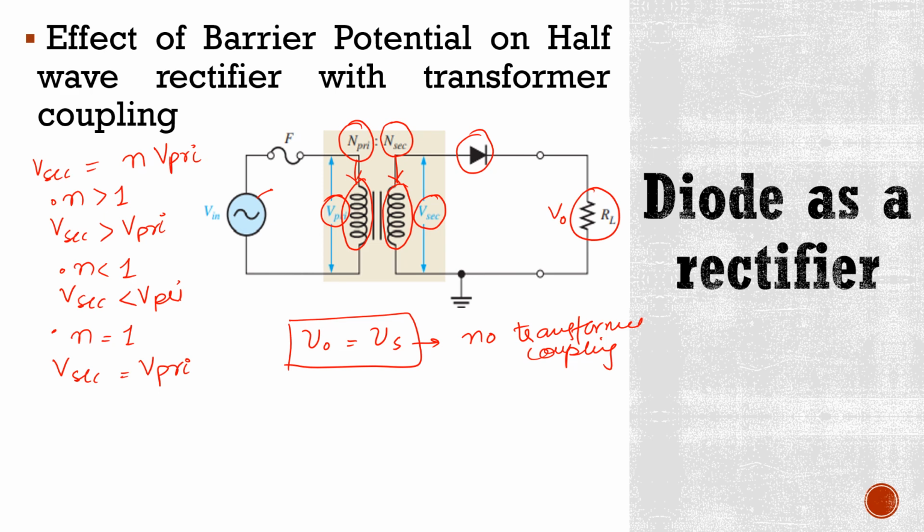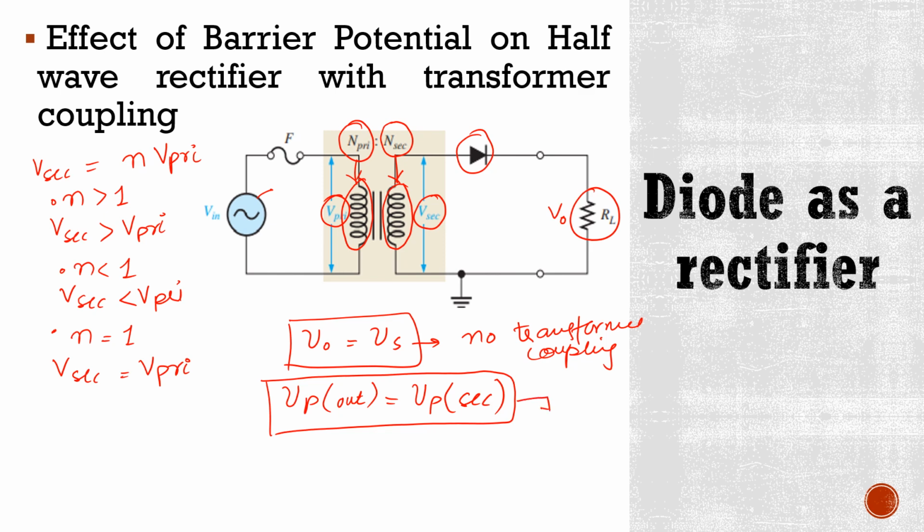Now, in case of a transformer coupled half-wave rectifier, this peak output voltage will be equal to the peak secondary voltage. Okay, it means this is the equation of output voltage in a transformer coupled half-wave rectifier if the diode is ideal. It means if there is no voltage drop.